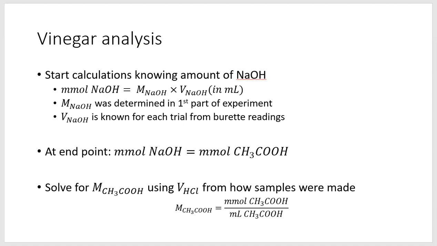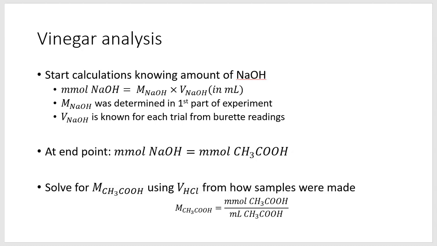So the second part of the analysis is the vinegar analysis. What we're going to do here is, now we know the molarity of NaOH, that's the average from the first part, and we are going to deliver a certain volume of NaOH based off the burette reading.